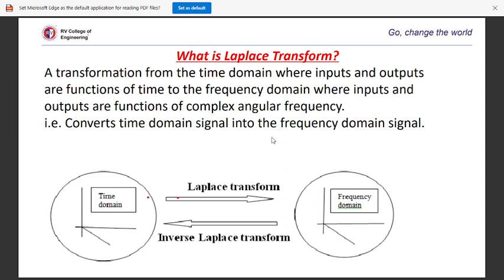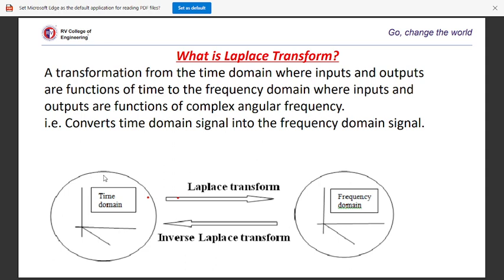To convert any time domain signal into a frequency domain signal, we are going to use the Laplace transform. The Laplace transform can be used in the case of continuous time signals. In case of discrete time signals, we are going to consider another transform, which is called the Z transform.